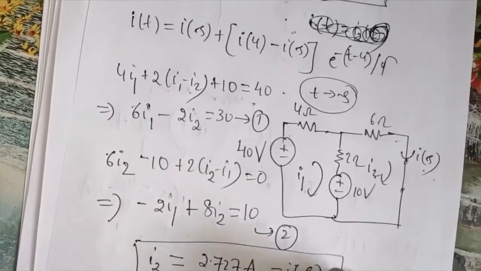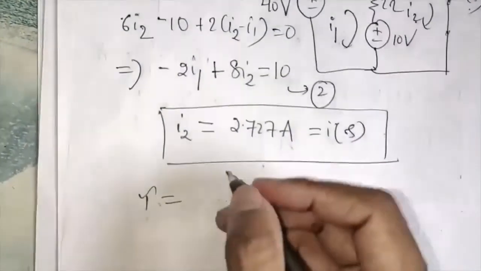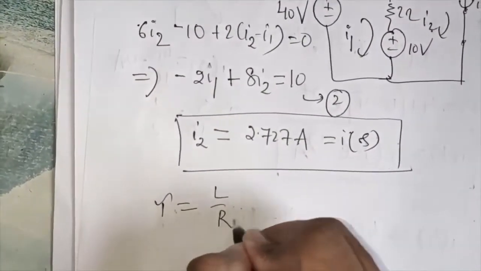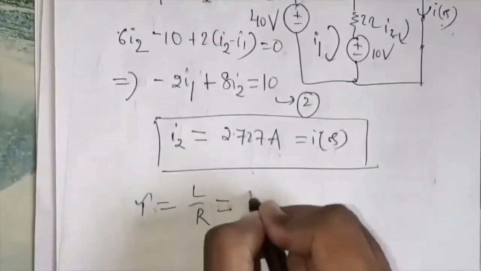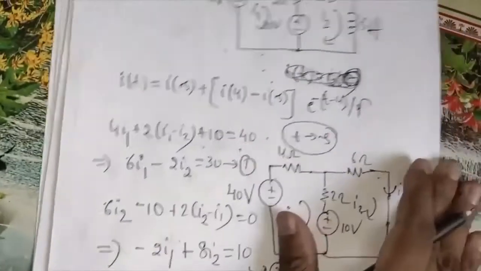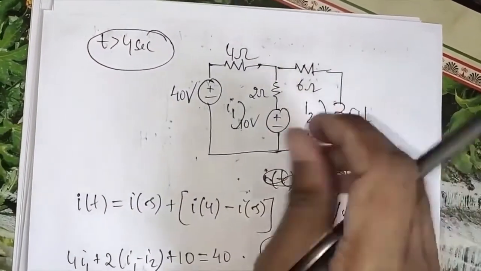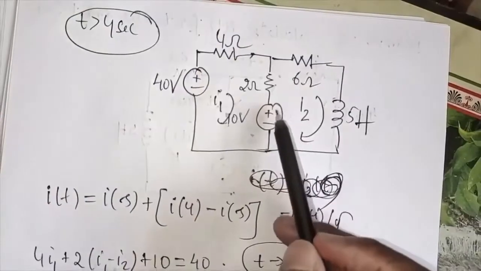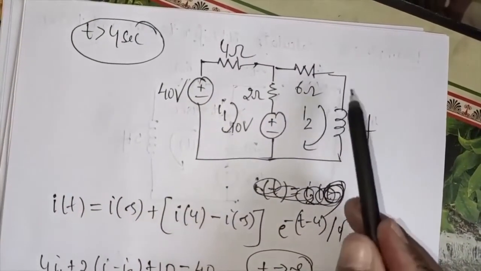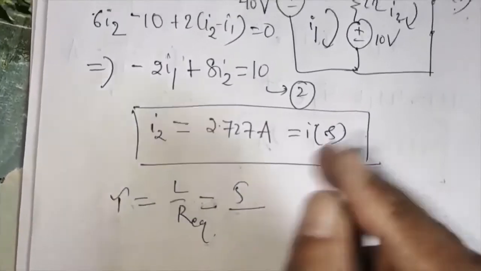So the tau value is L by R. L value is 5 henries, and here since we have many resistors, we have to find R equivalent for this circuit, equivalent across the inductor terminals. So therefore the tau value will be L by R equivalent.